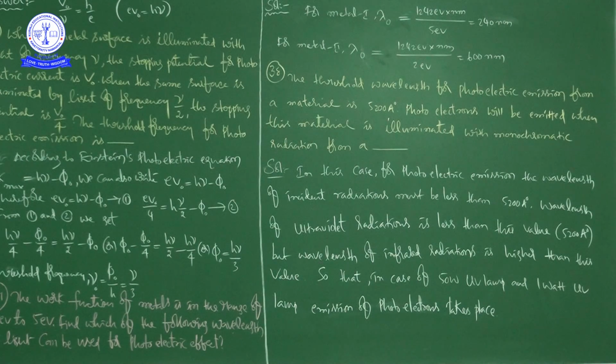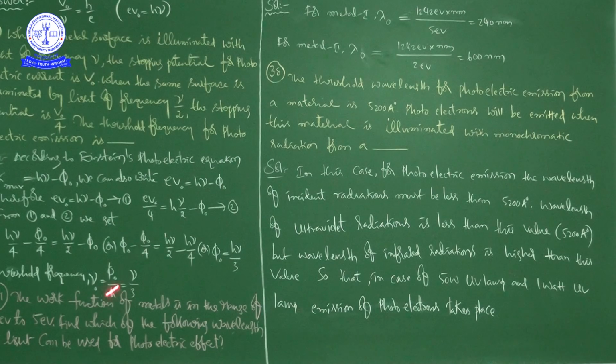see here, find which of the following wavelength of light cannot be used for photoelectric effect. You can say it is 240 nanometers and 600 nanometers.